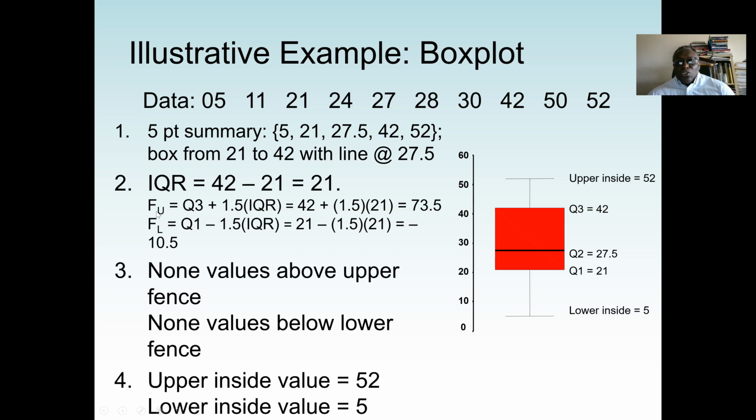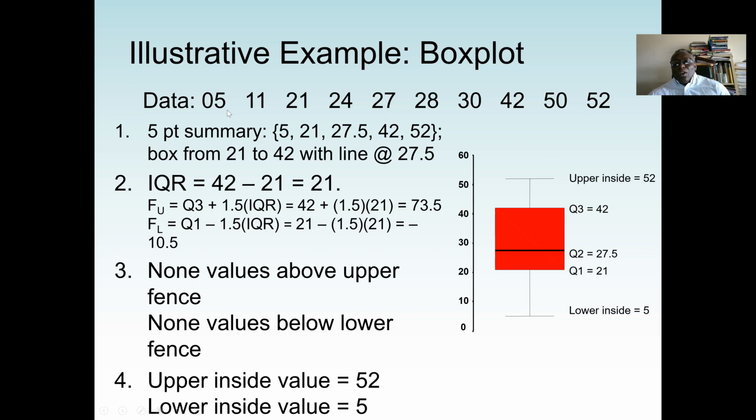Then we find the upper fence, which will be Q3 plus 1.5 IQR. So Q3 is 42 plus 1.5 times 21. And when we do this calculation, we get 73.5. 73.5 is way bigger than 52. So there's no outlier upper value, no higher value.